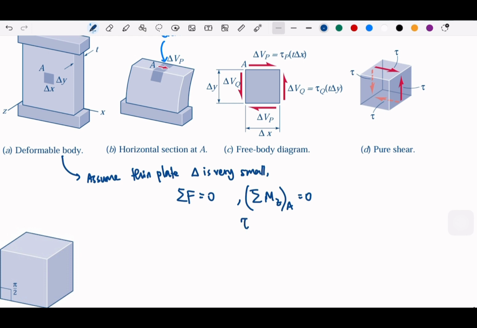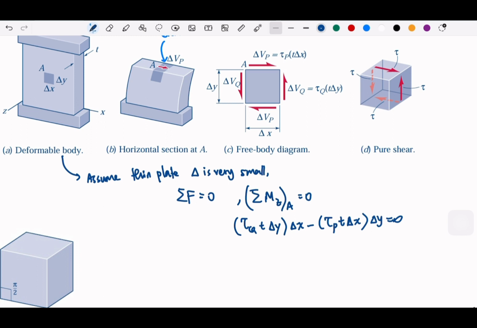So stress Q. The stress Q is the stress on the vertical, multiplied by t delta y, or it's going to be the delta V. Okay, the delta V, and multiplied by the delta x, and then minus the delta shear multiplied by the thickness, multiplied by the distance.